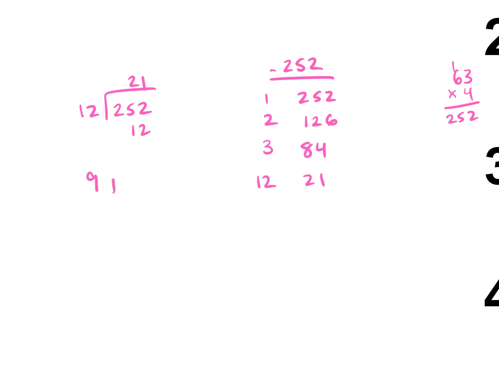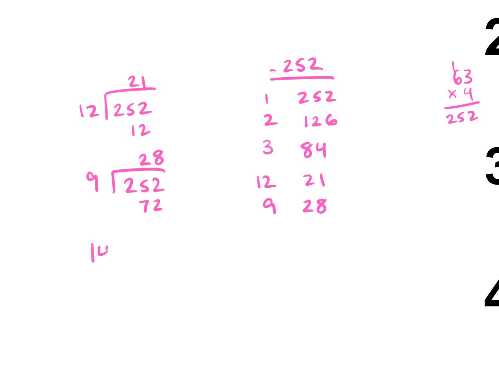Let's try 9. 9 goes into 25. How many times? Twice with 7 left over. And 9 goes into 72. How many times? 8. 9 and 28. Does that work? Nope.